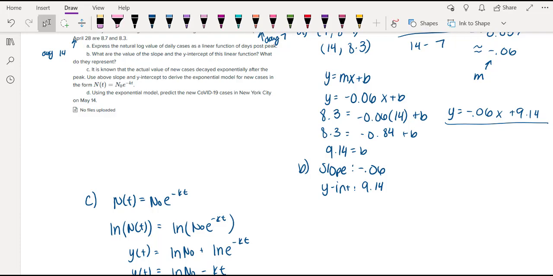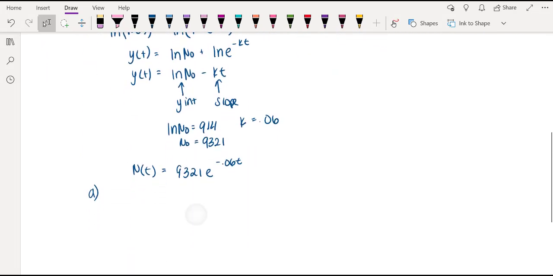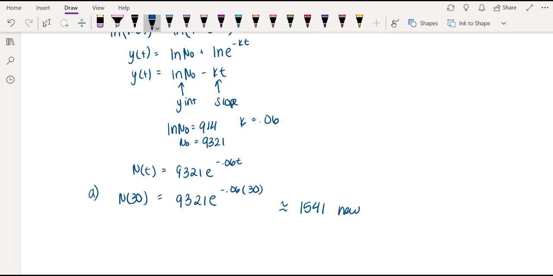We know May 14th is 30 days after April 14th, so this would be N of 30. That's equal to 9,321 e to the negative 0.06 times 30. When we plug that into our calculator, that's approximately 1541 new cases.